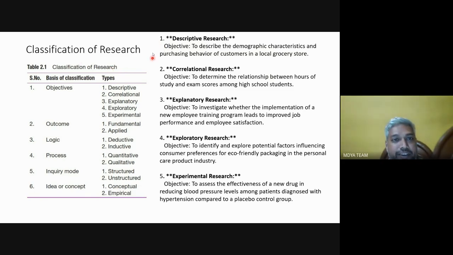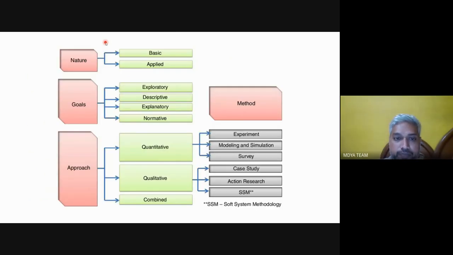It is a classification of research, right? When you go for research, you will understand in a better way. See, research is of two types, basic and applied. The nature of a research is basic and applied. Now what is your goal or objective to complete that research? To start your research you need to finalize your purpose.